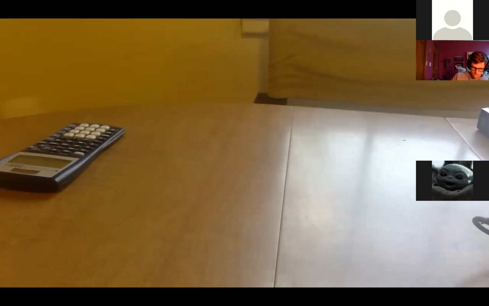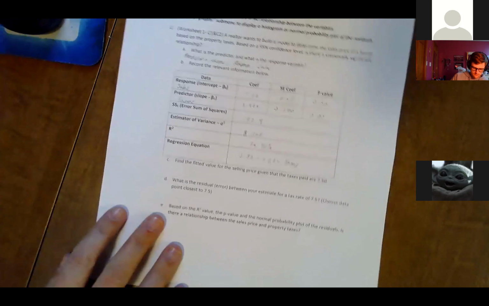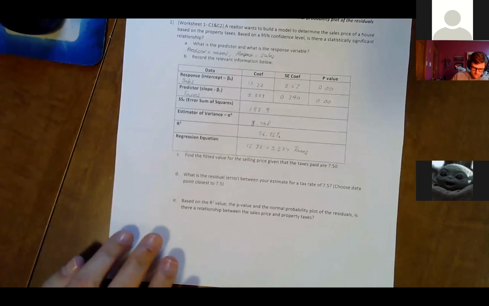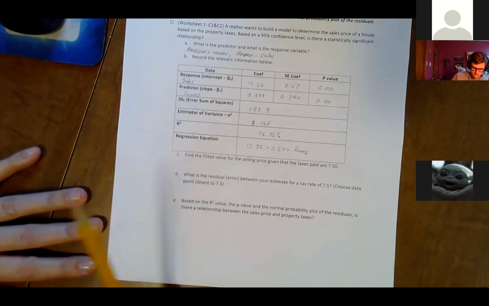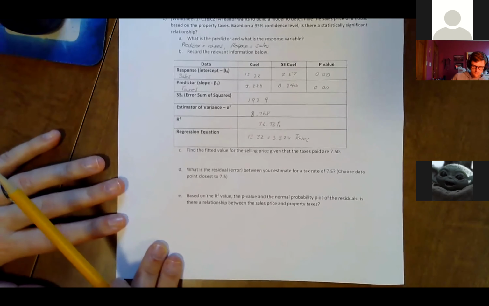That's the camera off the back of my... There we go. Okay, you guys have to help me out if you're not seeing what I'm showing. Is everybody seeing the worksheet now? Is that what you have on your screen?